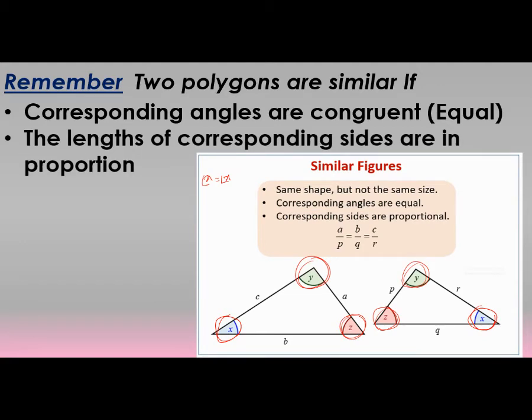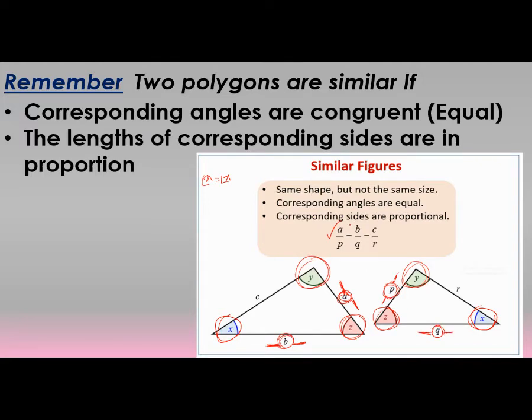Proportion means if you take the corresponding sides, like I take here A, this side A is lying between angle Y and angle Z. So between angle Y and angle Z, there is P. Therefore, A over P. Next, side B is lying between angle X and angle Z. So between angle X and angle Z, in the other triangle, I see that Q is there.